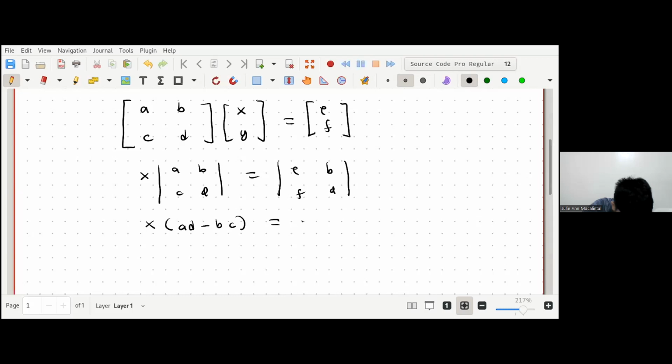Yung determinant dito ay ED minus BF. Therefore, X is ED minus BF over AD minus BC.